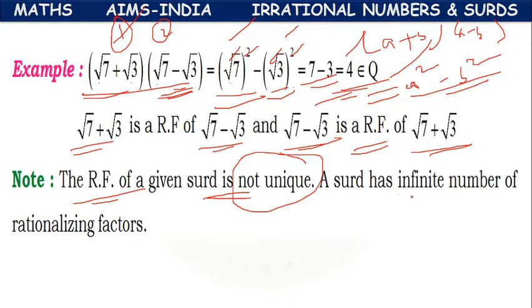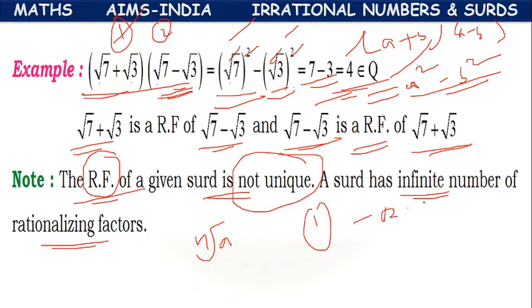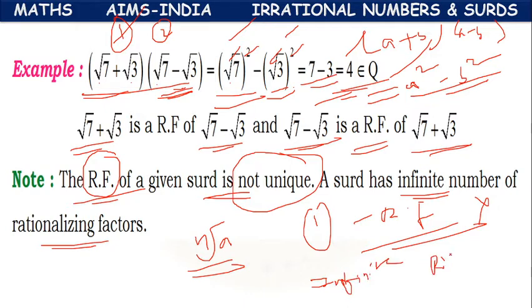It can have an infinite number of rationalizing factors. It is not compulsory that for a given surd, nth root of a, there will be only one unique rationalizing factor. One surd can have infinite rationalizing factors.